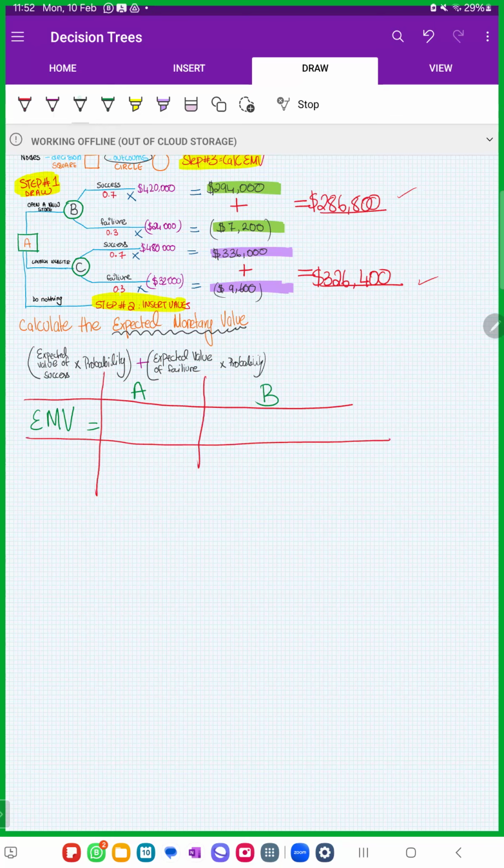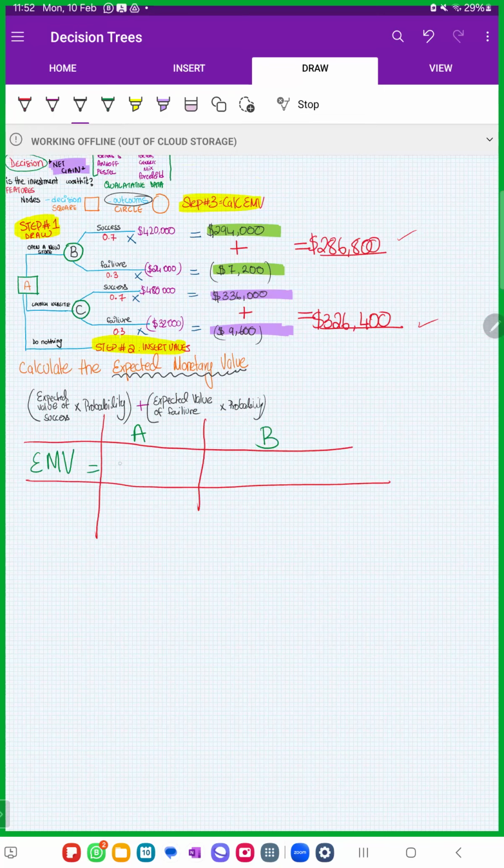The expected monetary value for option A is $286,800. And for this one is $326,400. Clear? Are we clear so far?